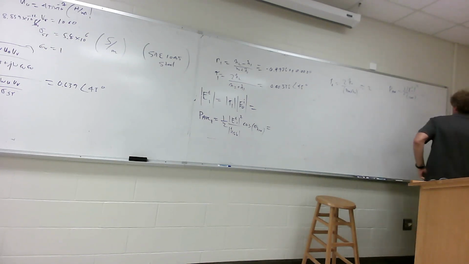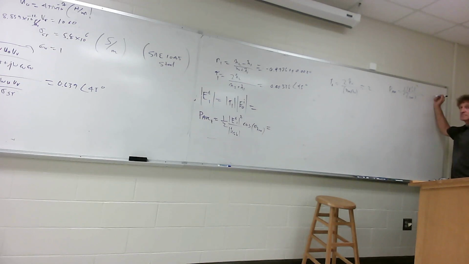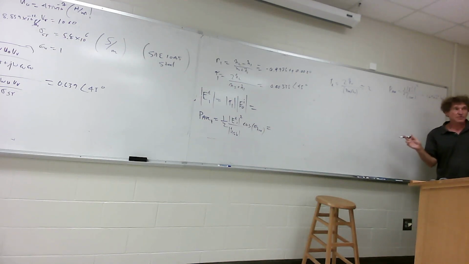What do you get for this value? I got 1.69 times 10 to the negative 10 watts per meter squared. With me? I think that's the answer in the solutions, roughly, right? Again, it's in air. There's no cosine of an angle you have to worry about.